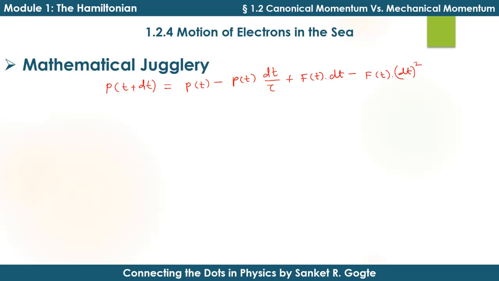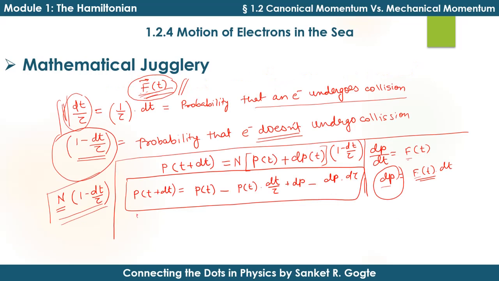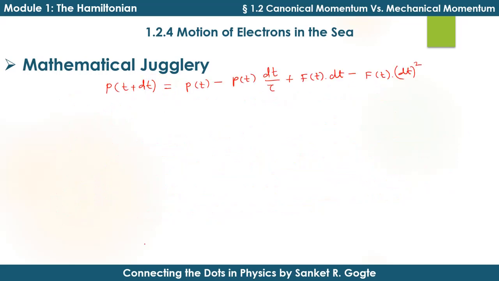So this is what we get when we bring this equation on the next with this right hand side for dp. So you can convince yourself that this is what we get. Now we will find out the average change in the momentum. P of t plus dt minus P of t is equal to, now let's first concentrate on this term.